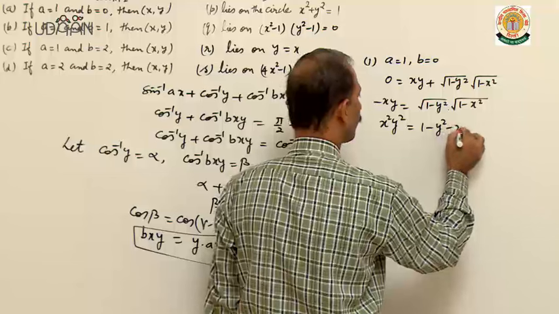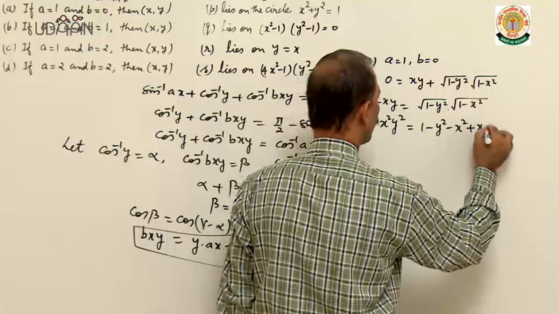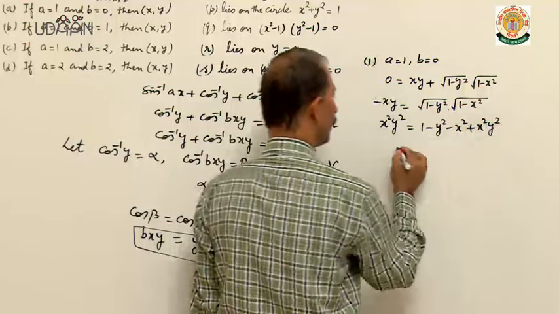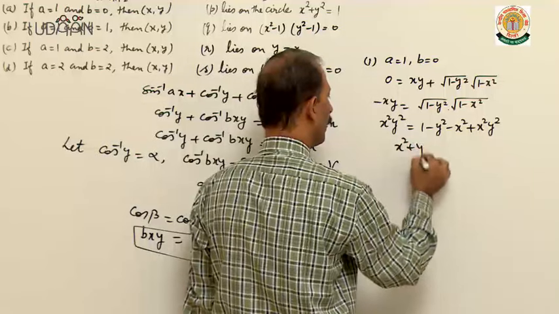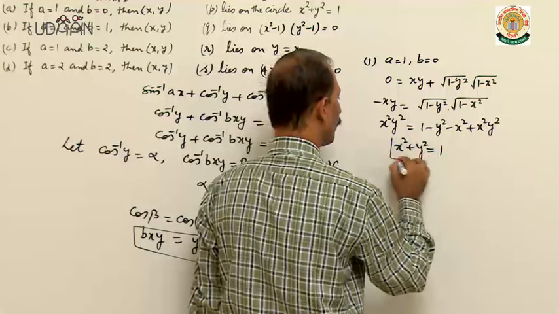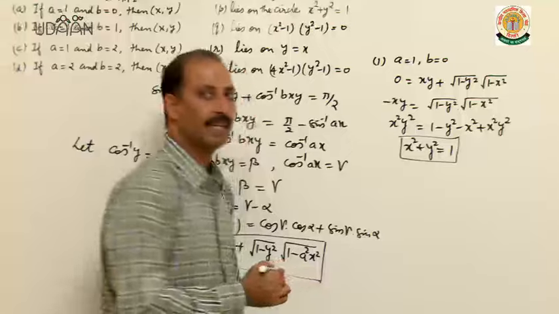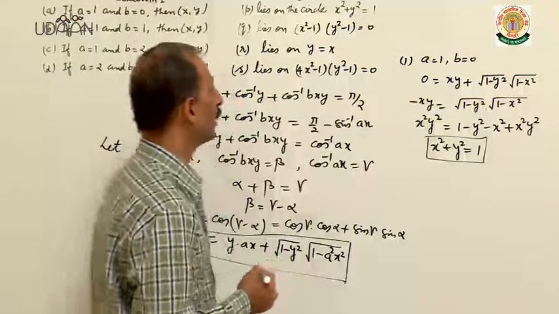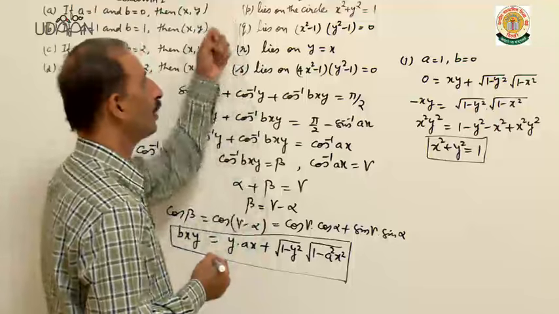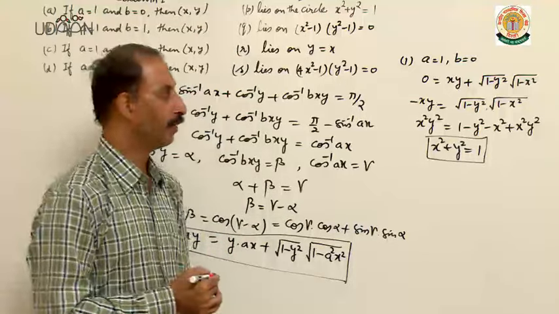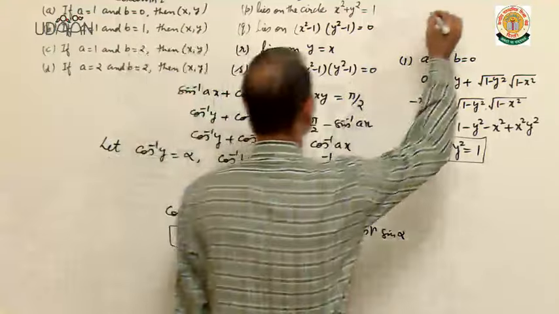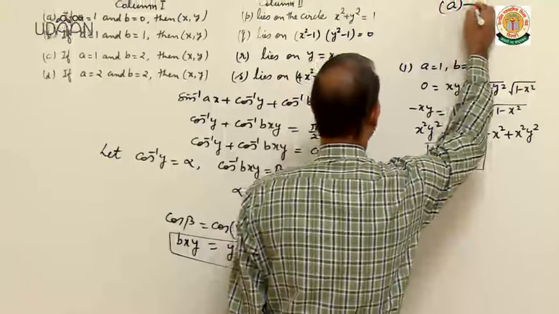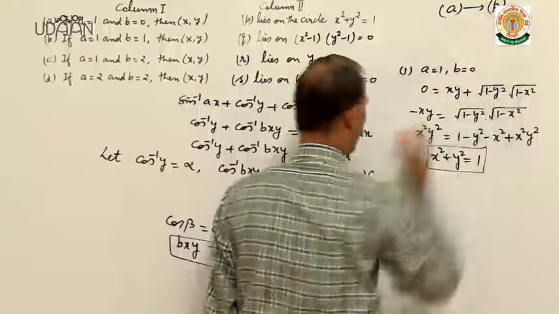If you simplify further, you will get x square plus y square is equal to 1. So in the first case, the relationship between x and y is x square plus y square equal to 1. That is, option P is the correct one.